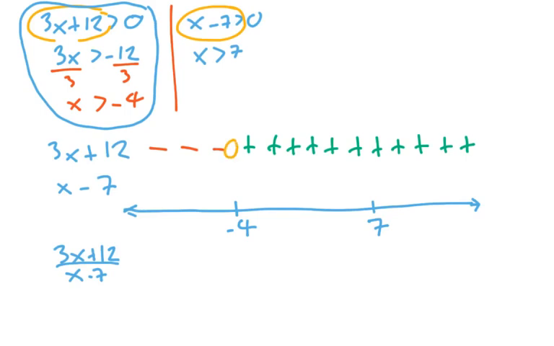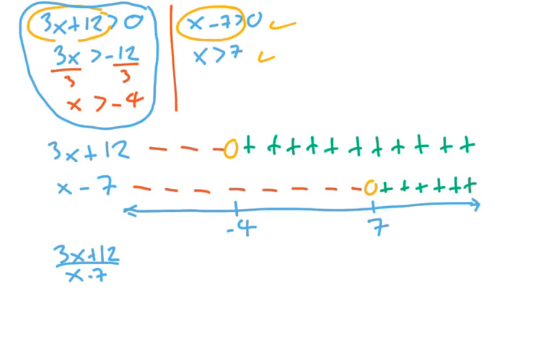Now, x minus 7 is greater than 0 when x is greater than 7. So x minus 7 is positive to the right of 7. Put a bunch of plus signs to the right of 7, and consequently a bunch of negative signs to the left of 7, and right at 7 you would have a 0.